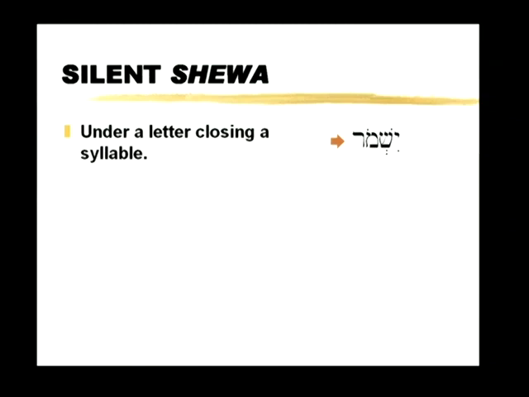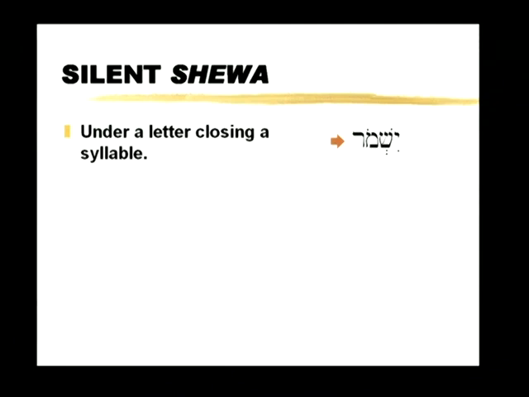When you end a syllable with a consonant, you close it. And when you do that, the schwa that's under that consonant is silent. Yish-mor. It's not yishamor. It's yish-mor. No sound between the shin and the mem. It's silent. Yishmor. Everyone? Yishmor.